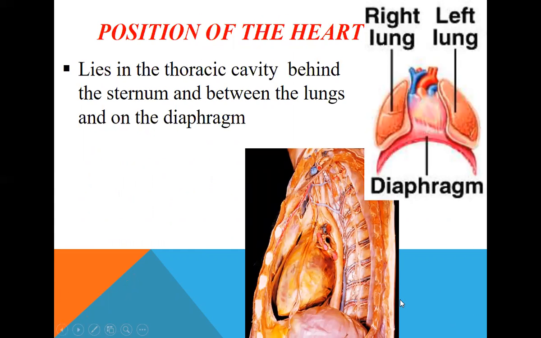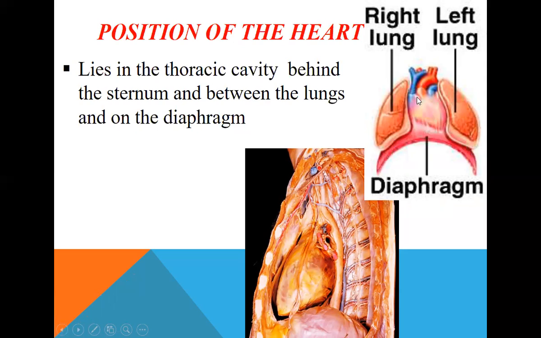If you see here, this is the chest wall. These are the ribs, and in between is the space filled with muscle. These are the intercostal muscles. These are the ribs, and behind these are the vertebrae. Within the chest, you can see the heart. Here is also the diaphragm, which we studied in the last class.